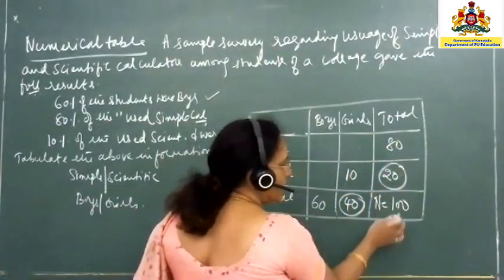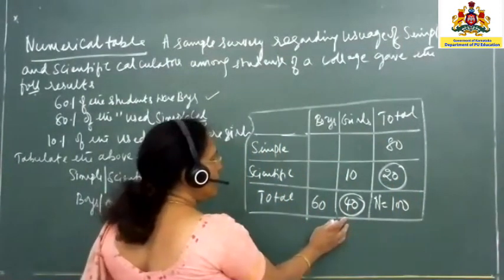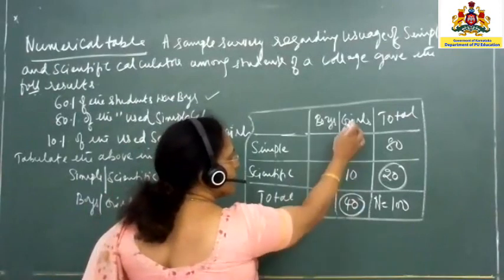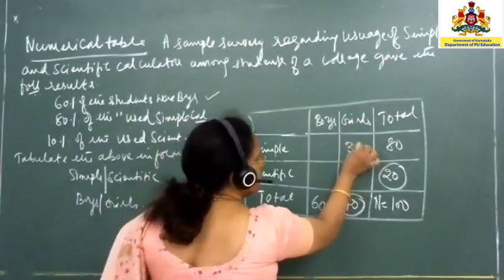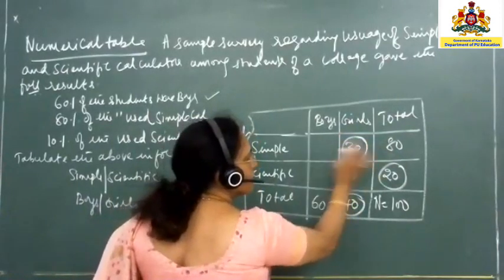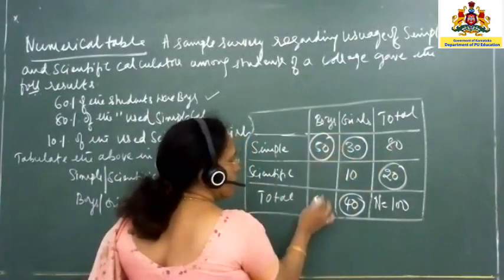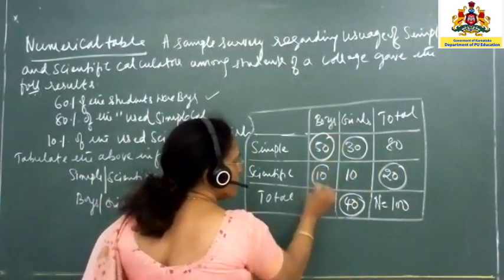So how do you get 20? 100 minus 80, that is equal to 20. Now in the same way here, total is 40. Out of that, 10 is scientific and they are girls. Therefore this number will be 40 minus 10, so that will become 30. If this is 30, what will be this number? 80 minus 30. Now this will become 50. Now if this has to be 10, 50 plus 10. Now this will become 10.